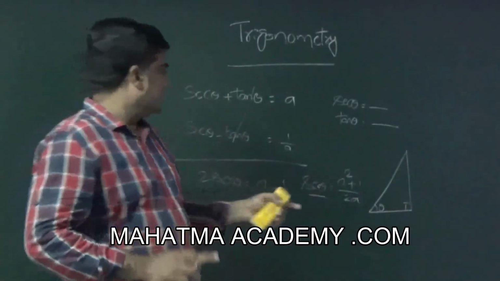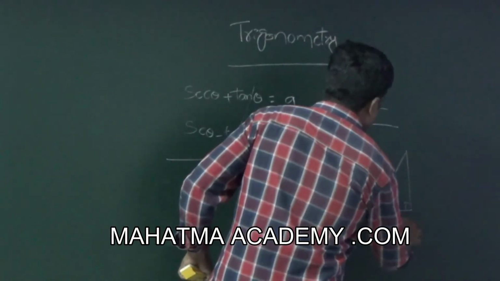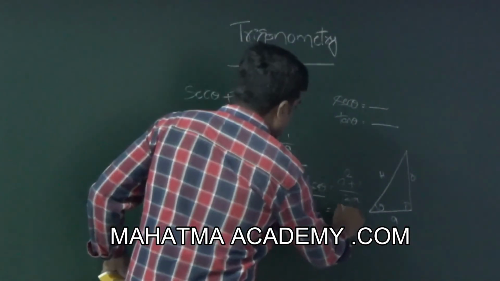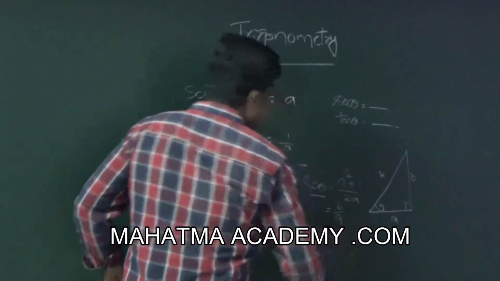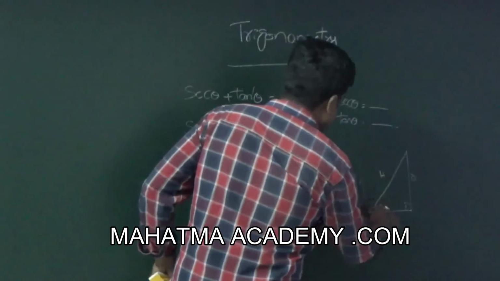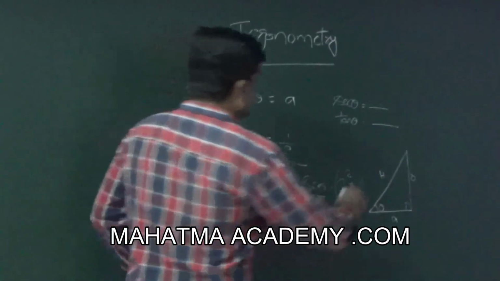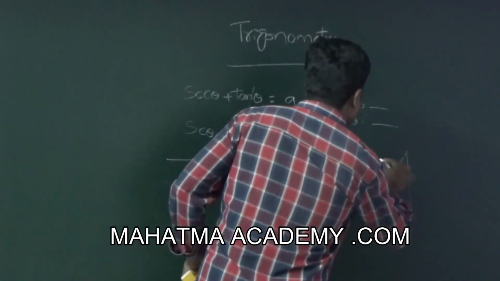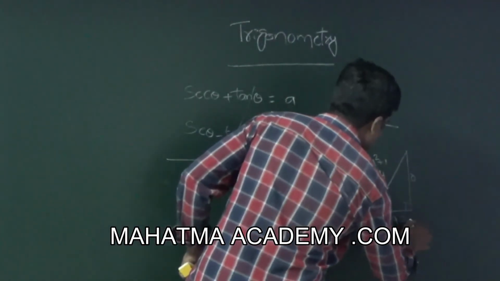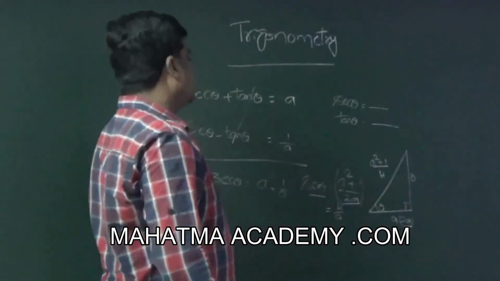Secant theta equals hypotenuse divided by adjacent. This is the opposite. Numerator is the hypotenuse, a square plus 1. Denominator is the adjacent, 2a. Adjacent is 2a, hypotenuse is a square plus 1.